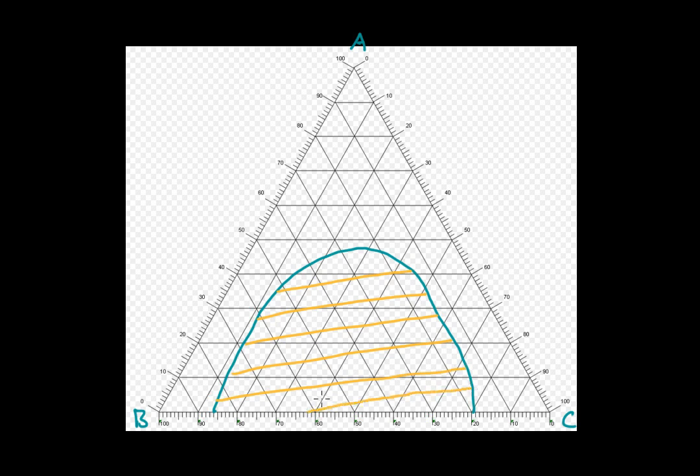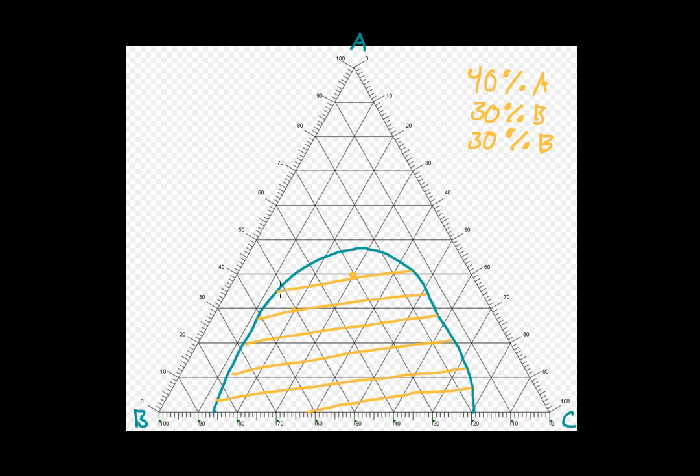So let's pretend you have a system that is made up of 40% A, actually I said 40%, so let's say right there, and 30% B, and also 30% C. That has two phases.